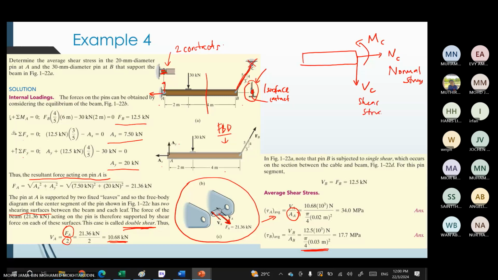So later on after midterm, we will learn more about shear stress. When you cut the structure, there will be a shear, okay? Shear stress due to VC. As we did in the tutorial just now, VC will result in shear, and NC will result in normal stress.